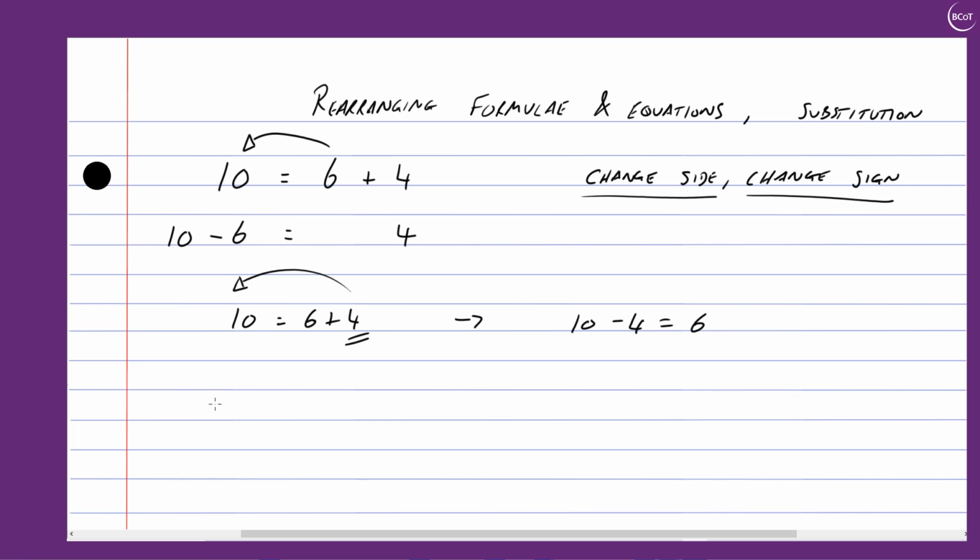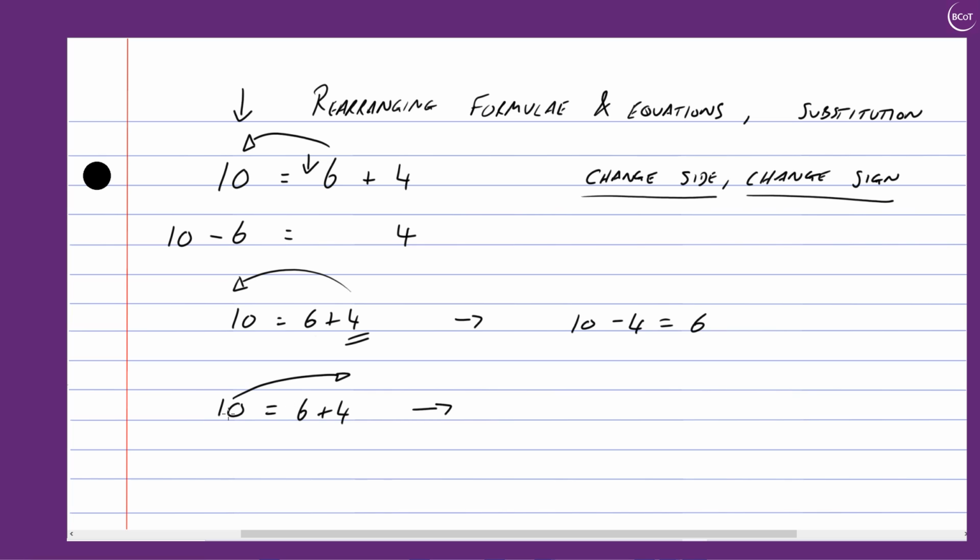And one last example on these numbers. If I wanted to move the 10 to the other side, it'd have to become minus 10. This is the left-hand side of the equation, and anything to the right of the equal sign is the right-hand side.